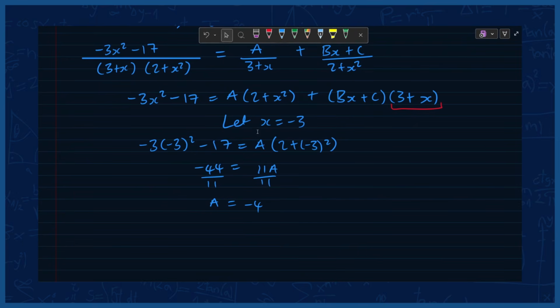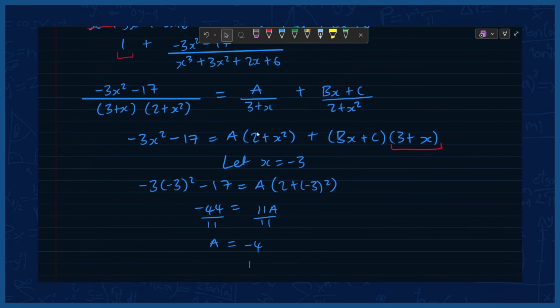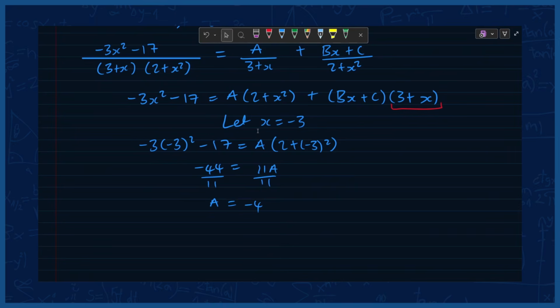And now we need to find either b or c. Since we know what a is, we can let x equal 0, with the idea being I will have 0 multiplied by b, so this part falls away, and it allows me to evaluate c because I already know what a is.